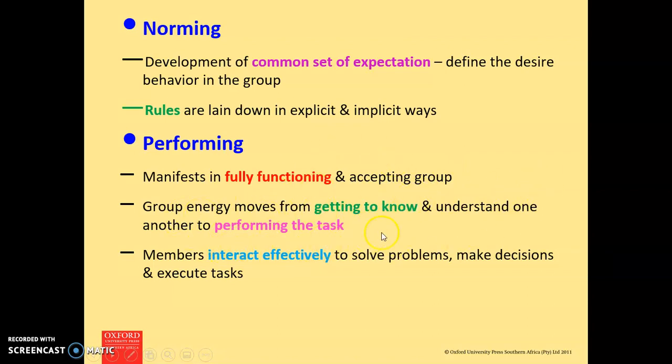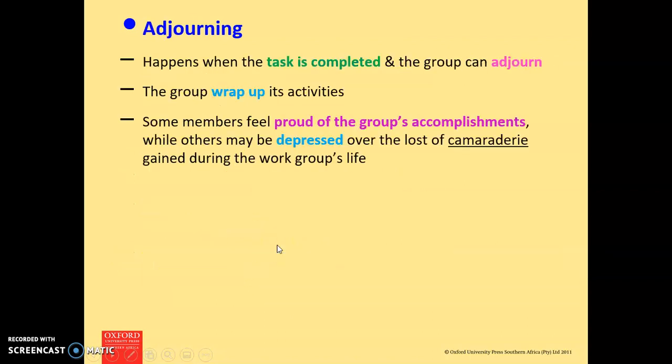So they are now moving toward fully functioning groups where they really perform the task. Members now are interacting effectively with each other to solve the problems and also to make decisions and to execute the task. So at this stage, members become effective. They perform the task effectively and efficiently.